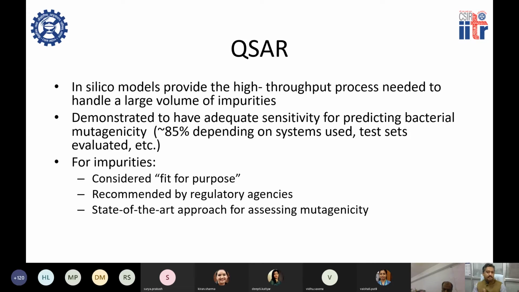That's the thumb rule for quantitative structure activity relationship. So in silico models are highly effective, rapid and high throughput. You can screen any number of compounds, even millions or lakhs of compounds, for identification.